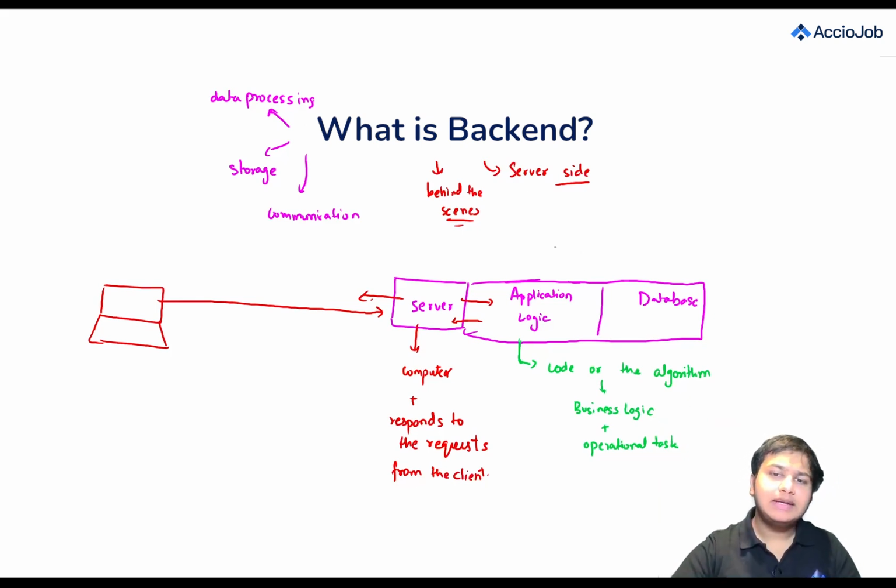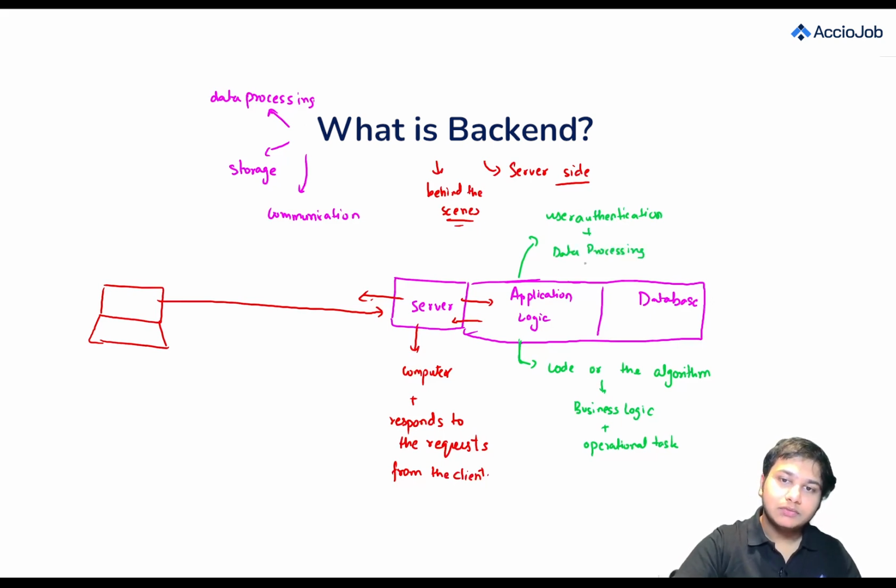What kind of tasks can it perform? It can perform user authentication, right? What else? It can perform data processing. What else? It can perform handling requests, and it can also interact with the database.